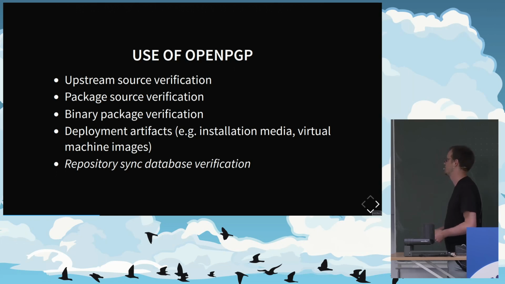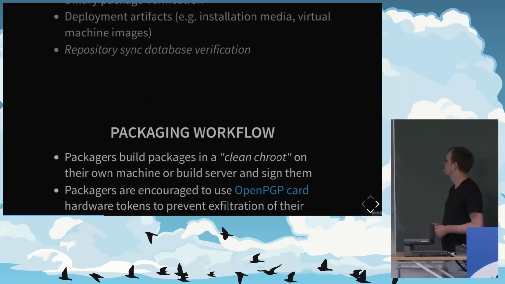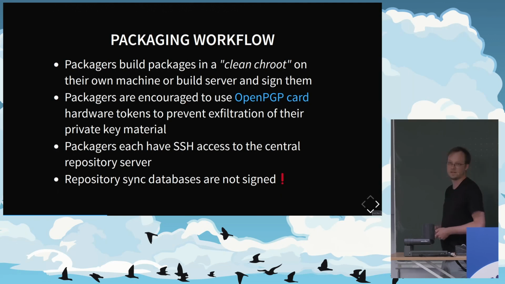We have the binary package verification that happens on the user side. We have deployment artifacts of all sorts, with installation media, with virtual machines, etc. They're also all signed, usually by individuals. And we have the repository sync database verification. Unfortunately, that is not signed. That is not so great.